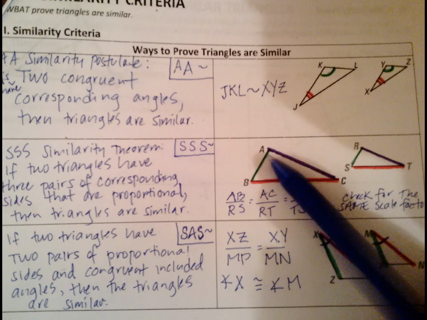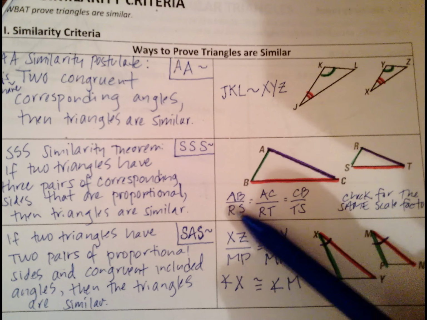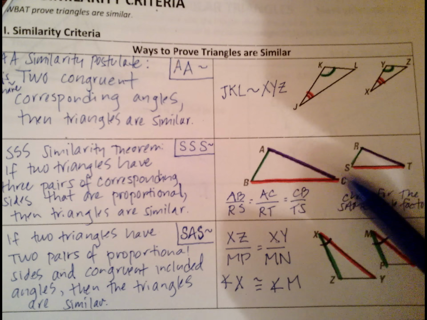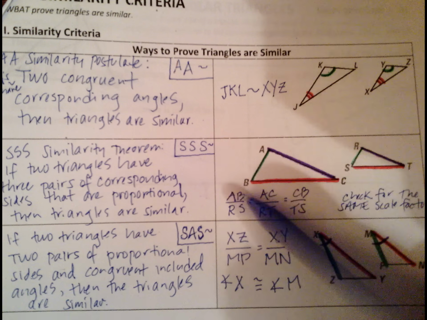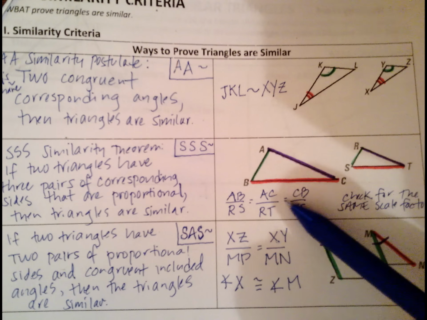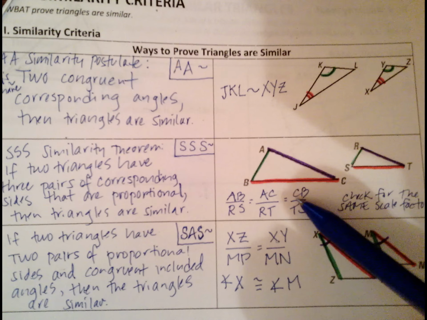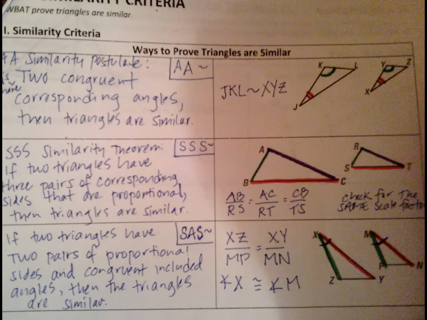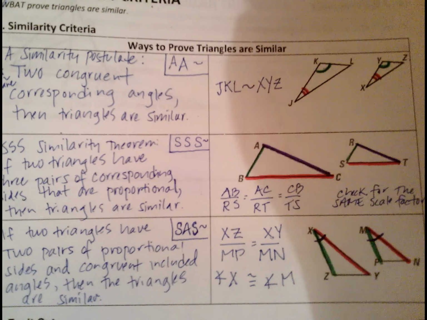Whatever number I divide AB into RS, the quotient should be the same for the division I do for AC, RT, and BC and ST, or TS, okay? So all three sides have to be proportional for triangles to be similar. And again, writing the similarity statement is just as important as proving that you have three sets of proportional sides.